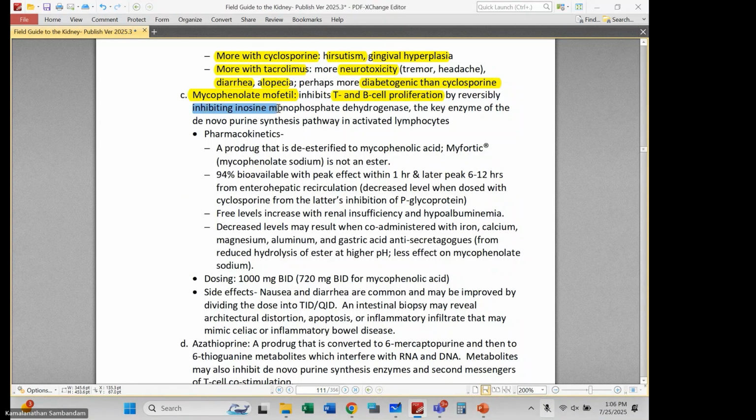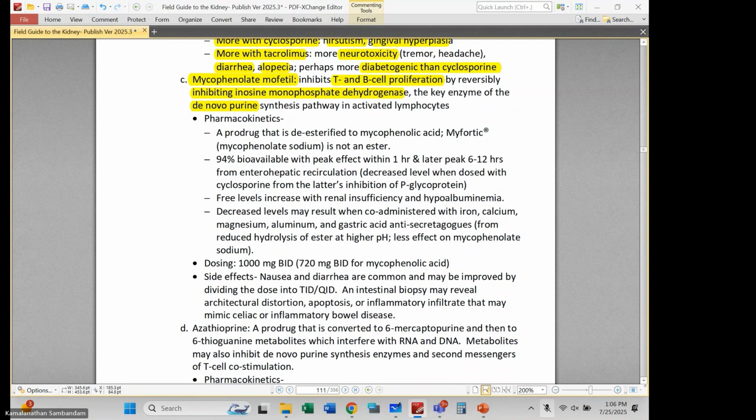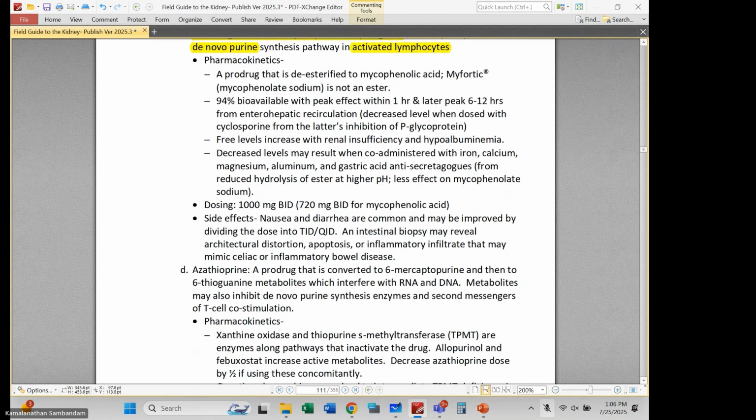It inhibits this inosine monophosphate dehydrogenase enzyme, which is involved in making purines from scratch, as opposed to recycling intermediates to make new purines. So that's your adenine and guanine, remember? So activated lymphocytes seem to depend on the de novo pathway of purine synthesis more than, for instance, your hair follicles.